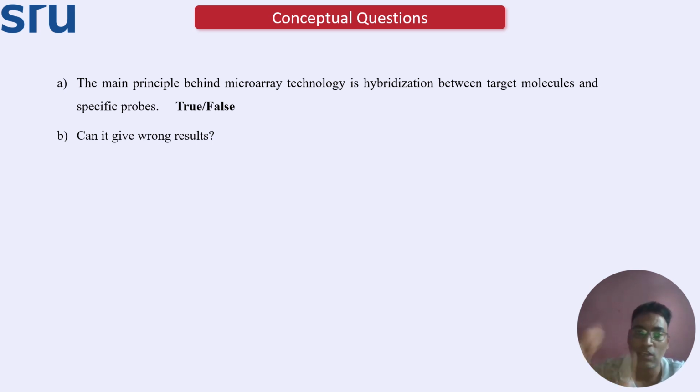So can it give wrong results? Yes. If the binding does not take place properly, or if repeats of different bases are there, the interaction between the probe and the sample may be abrupt, not from end to end, but scattered across the chain. So this may give the wrong answer.